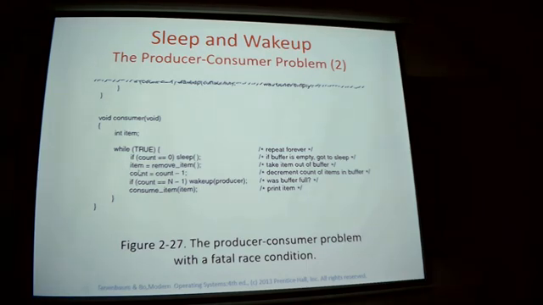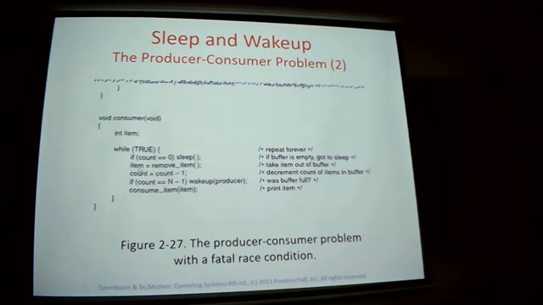Otherwise, if there are available items in the buffer, meaning the count is not equal to 0, it means that at least one item is in the buffer. So the consumer can fetch one item. We just call the remove item function to take an item out of the buffer.